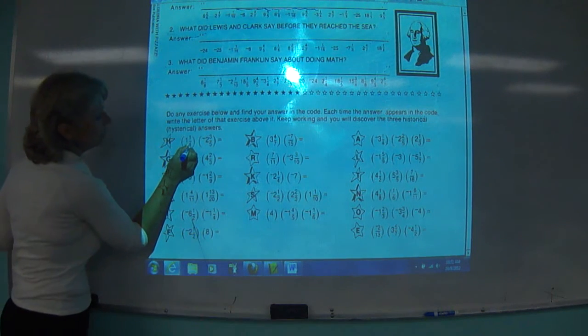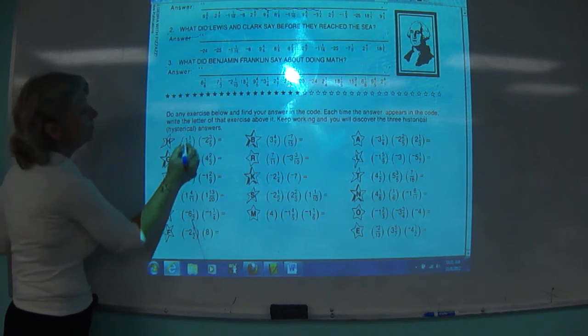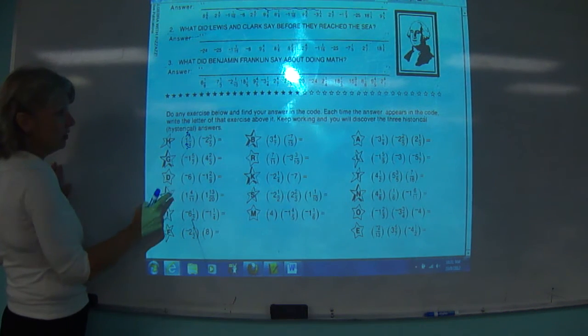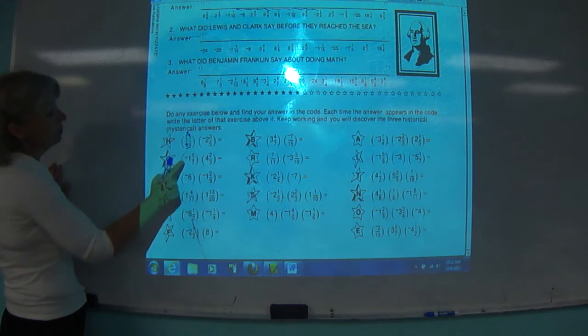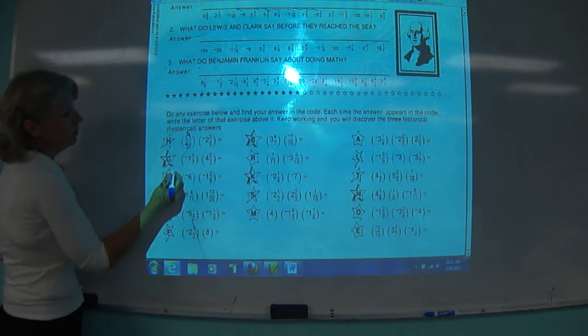So to do that, you have to multiply the denominator by the whole number. You multiply this, and then you add your result to the numerator. So 4 times 1, 4 plus 1 more, 5.